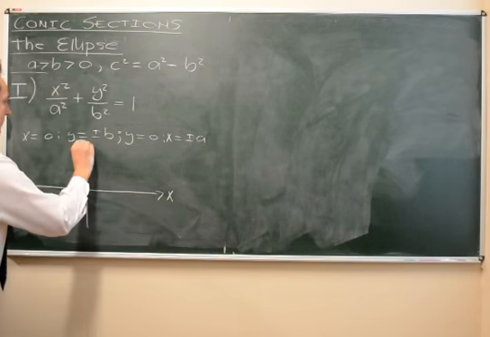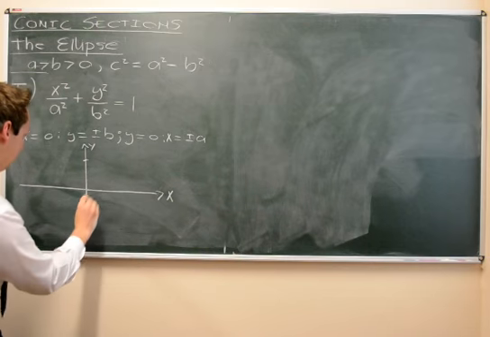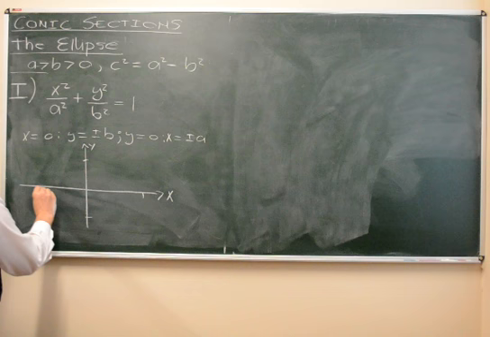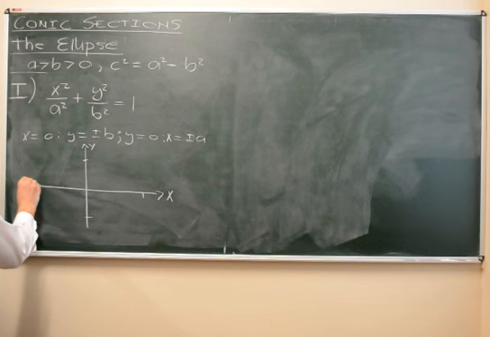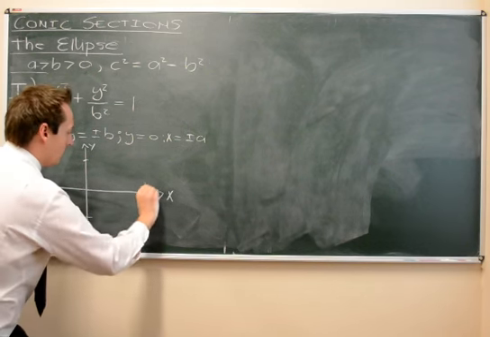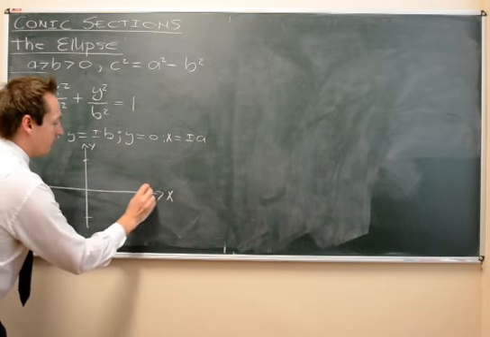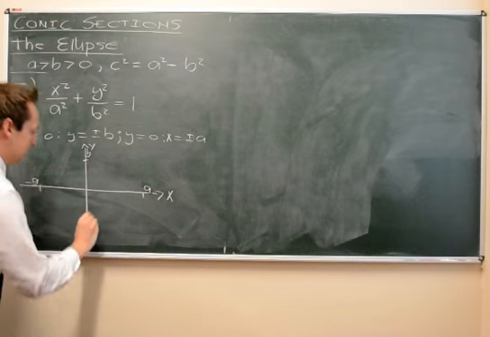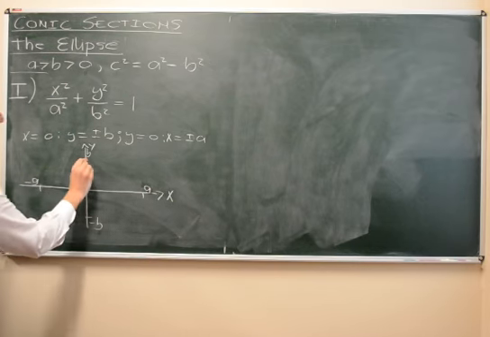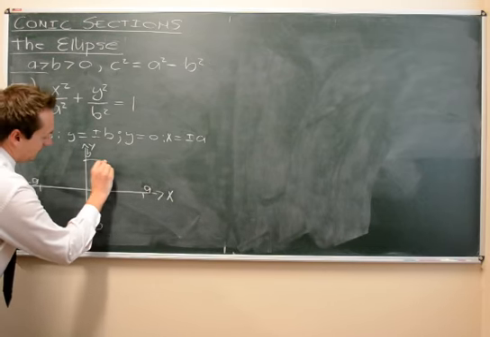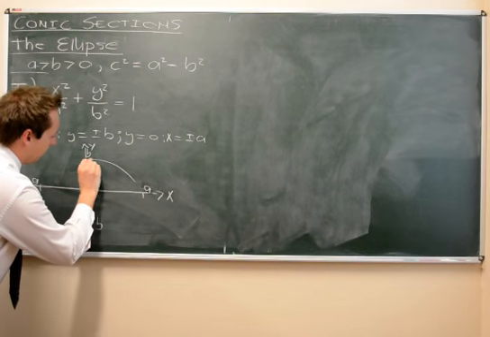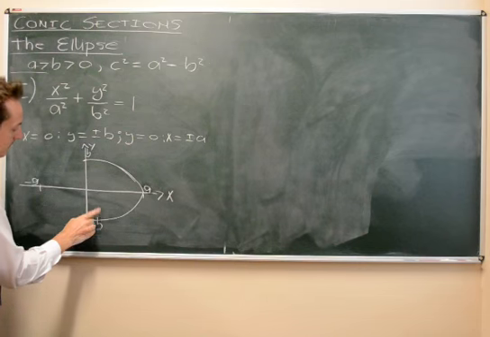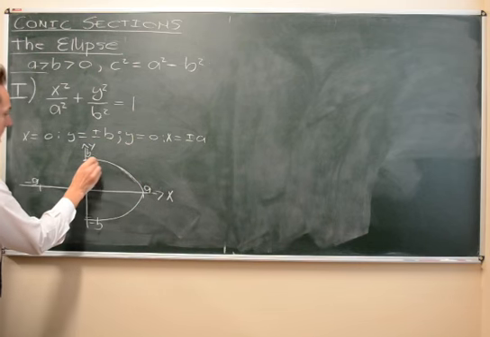There's a, and there's minus a, there's b, and there's minus b. So our curve looks something like that.